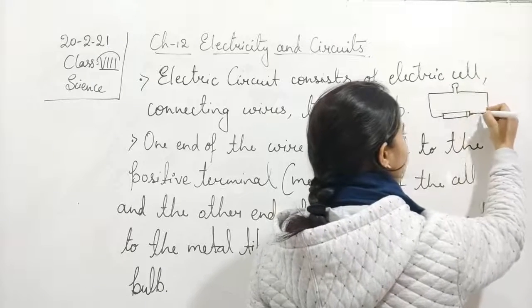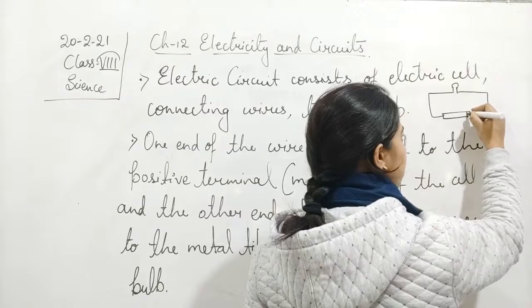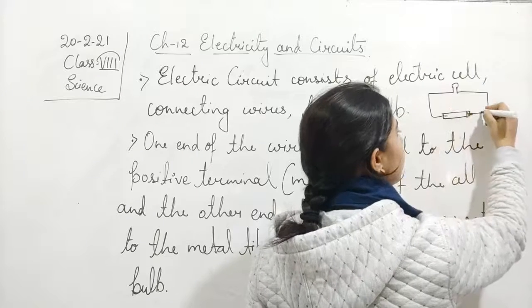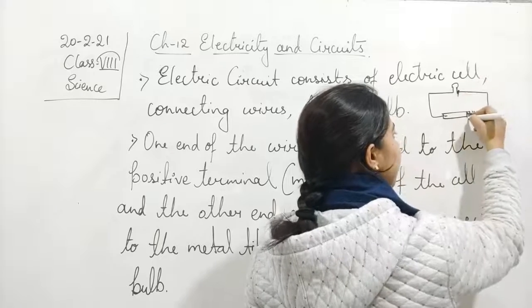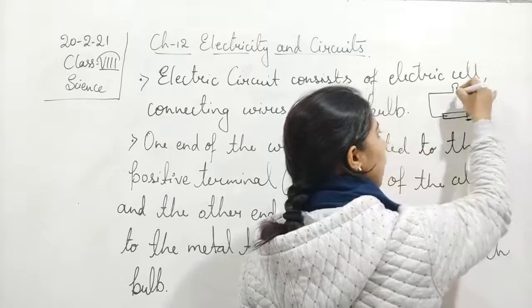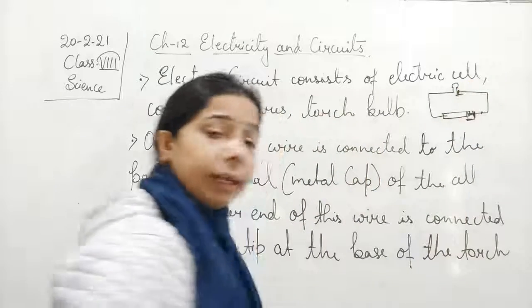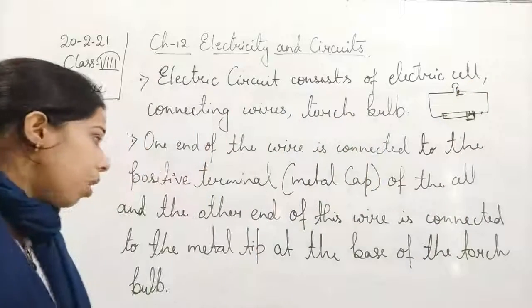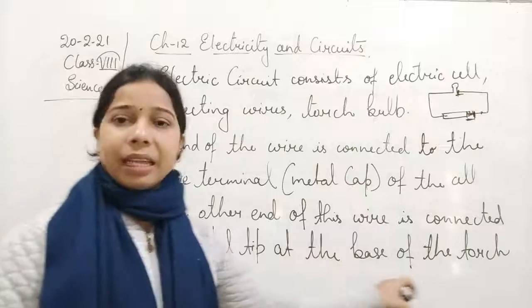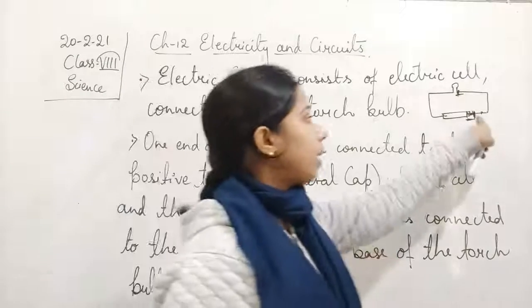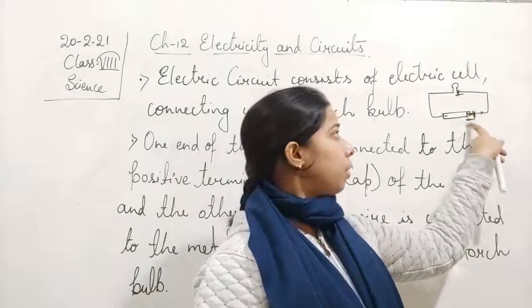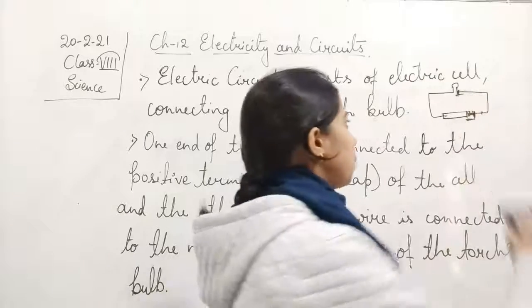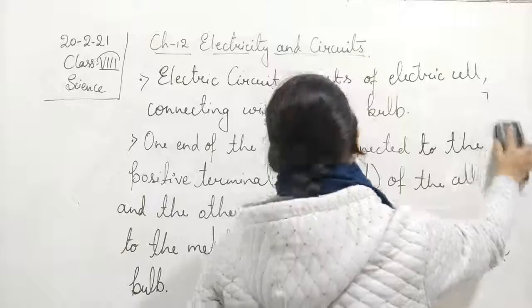One end of the wire is connected to the positive terminal, this is the negative terminal, and the other end is connected to the metal tip at the base of the torch bulb. So here we are talking about the first wire, connected here and to this one. Now let us see the other one.